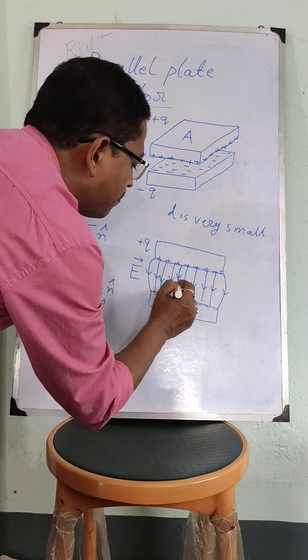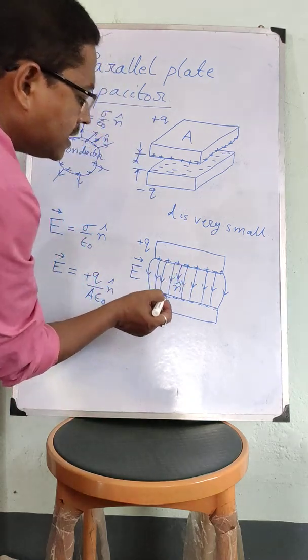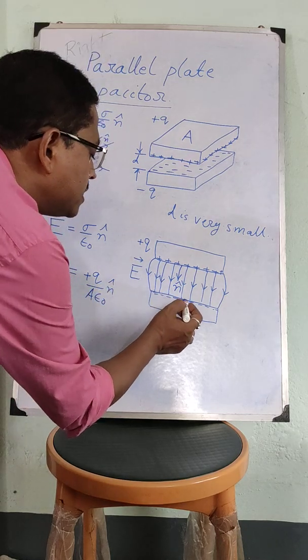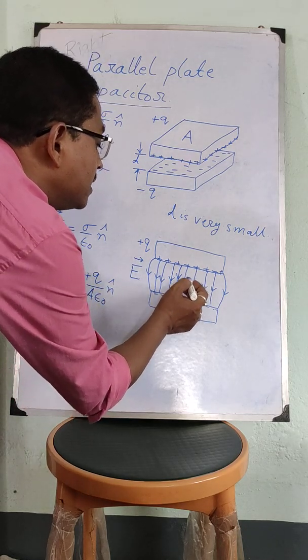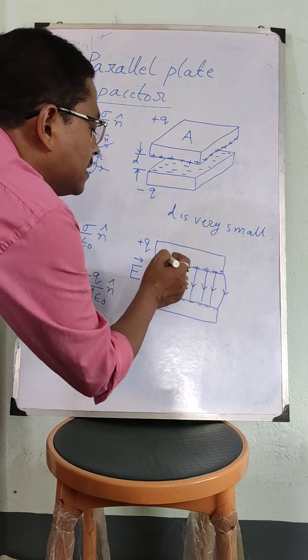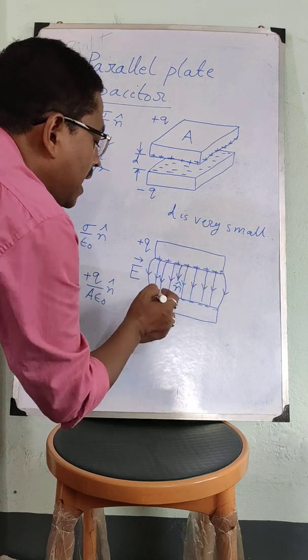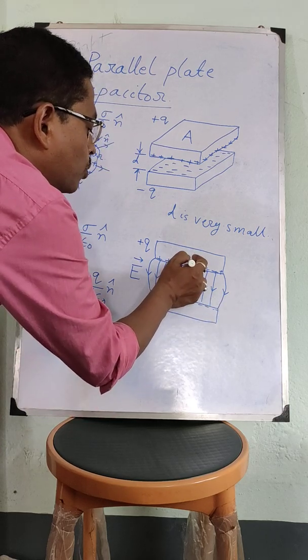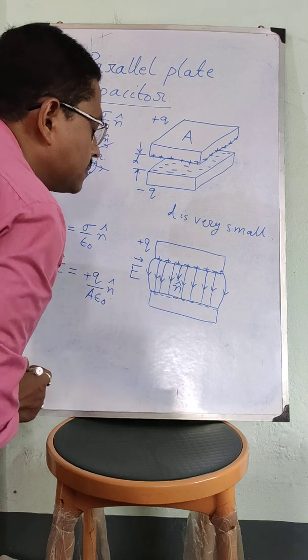Okay. Now let us calculate the potential difference between these two plates. Since this conductor is carrying positive charges and this conductor is carrying negative charges, this is at higher potential with respect to this.